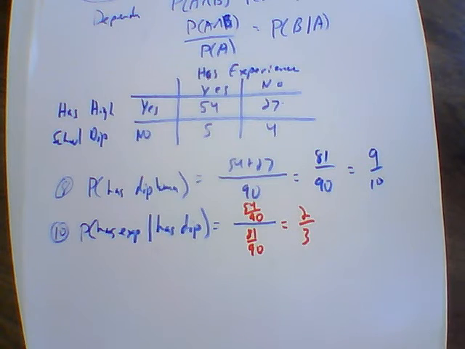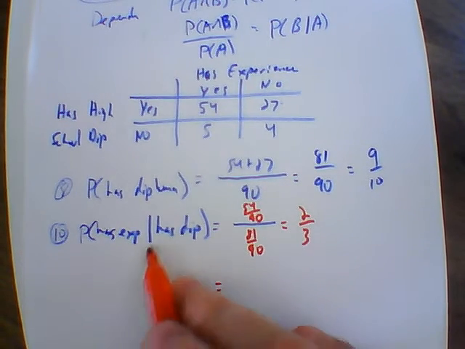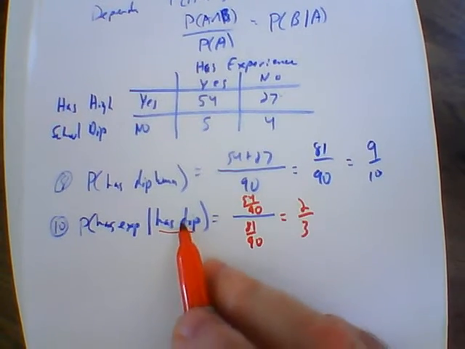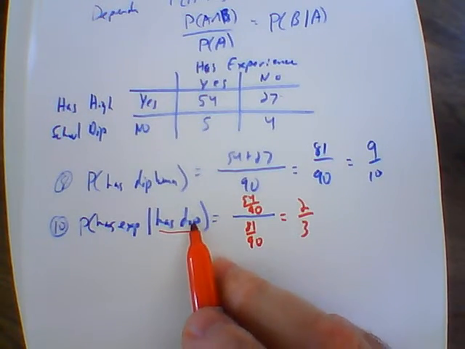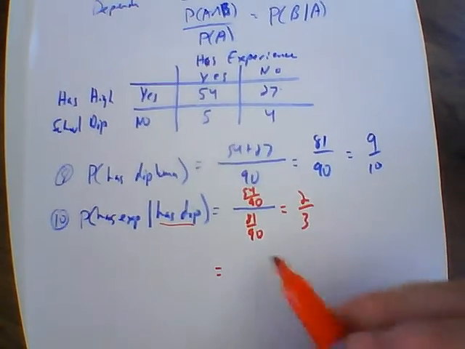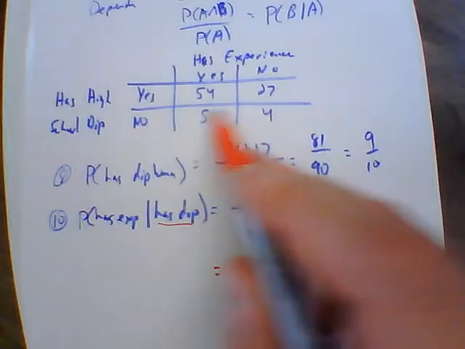Okay? Now, how could we think about this differently? We can apply some common sense here. If we think about this as our restriction, this is what we're given. How many have a diploma? If we look at how many have a diploma, there's a total of 81.